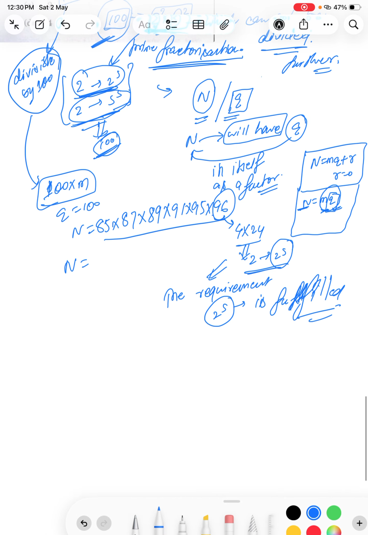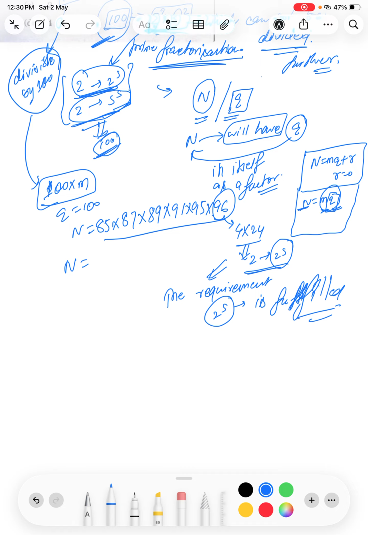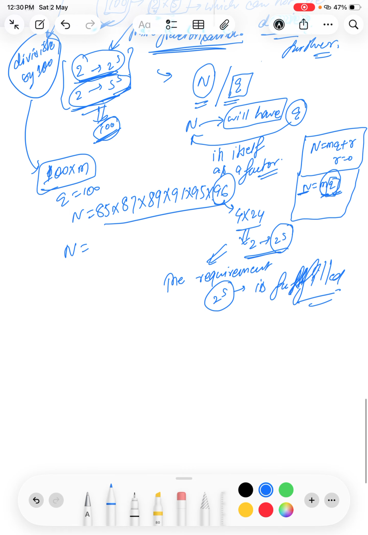Now we are left to look for 5's. Can we get two 5's? So where can we get 5's? What we know about multiples of 5 is that they will always have 5 or 0 in their unit place, right?